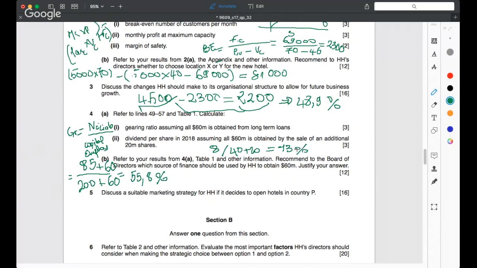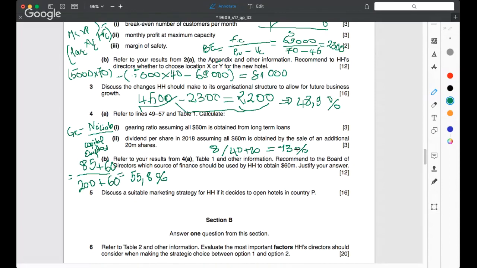So the next question is, refer to your result from 4A, table 1, and other information, recommend to the board of directors which source of finance should be used by HH to obtain 60 million. Justify your answer.